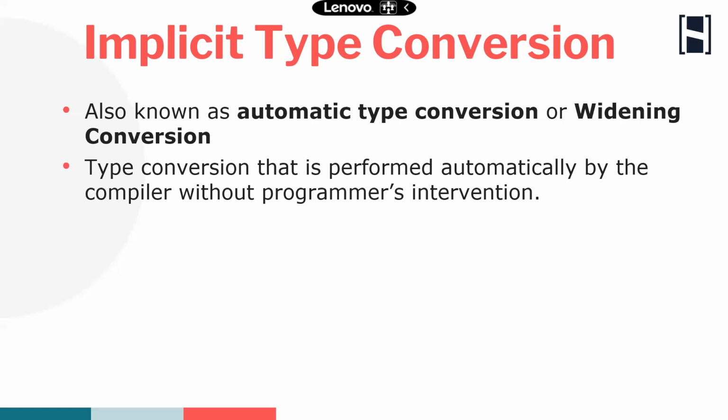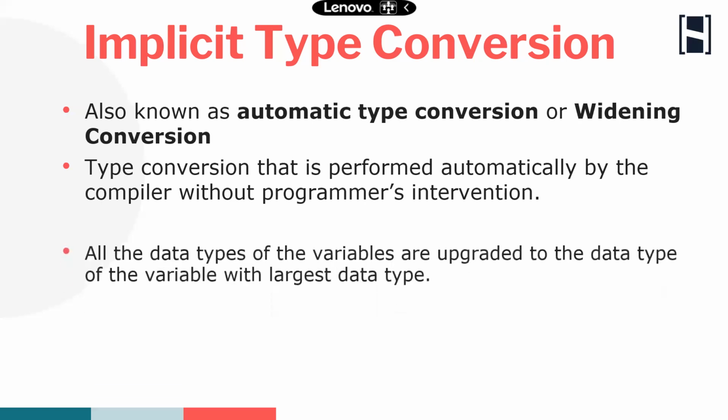That is why we call this automatic type conversion. It happens whenever we want to go from a low-end data type to a high-end data type. In this situation, the compiler will automatically do the process, so we don't have to do anything.